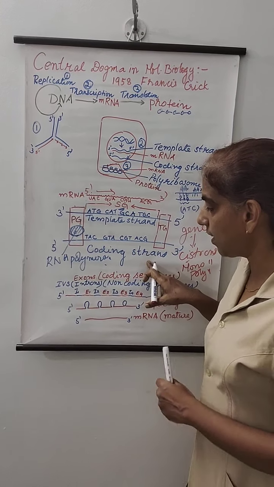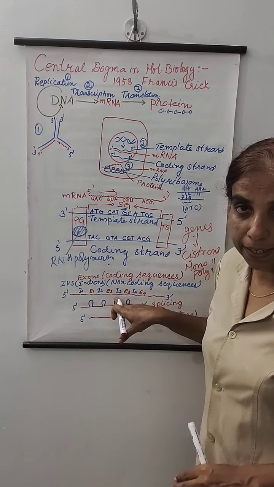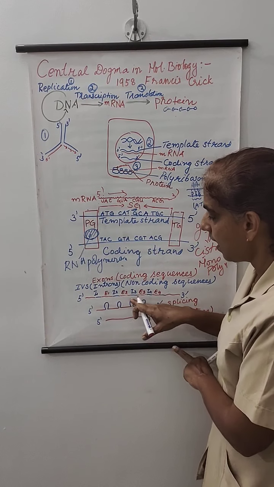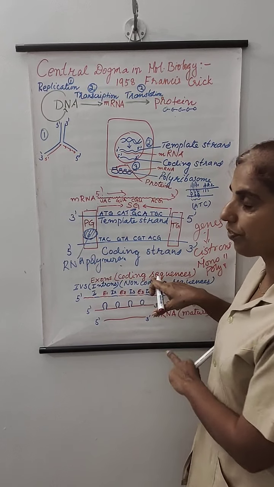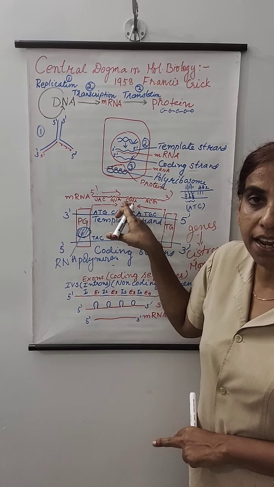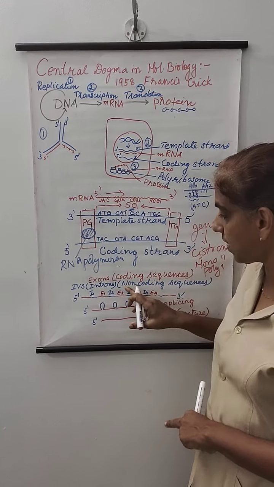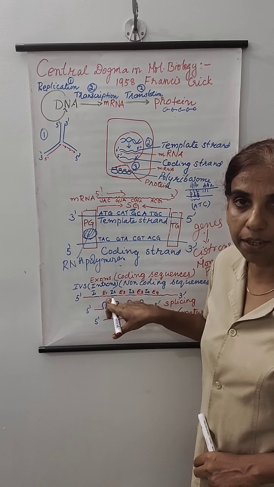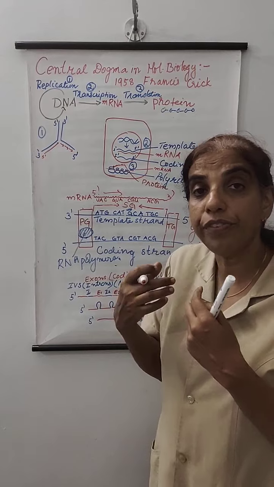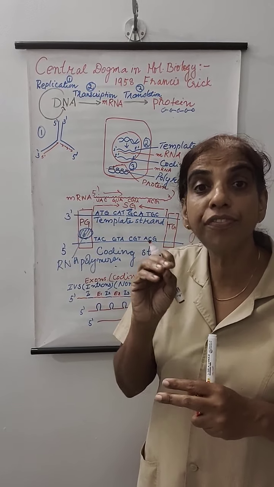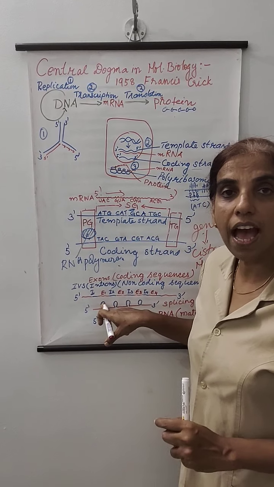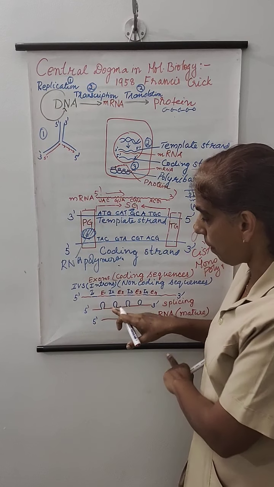Now when this DNA makes messenger RNA, the immature messenger RNA has many unwanted segments. So don't think that we are getting the final refined product. No. In the first stage, it does not have only the useful part.